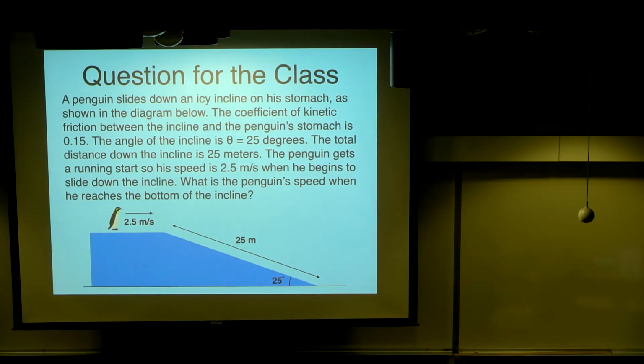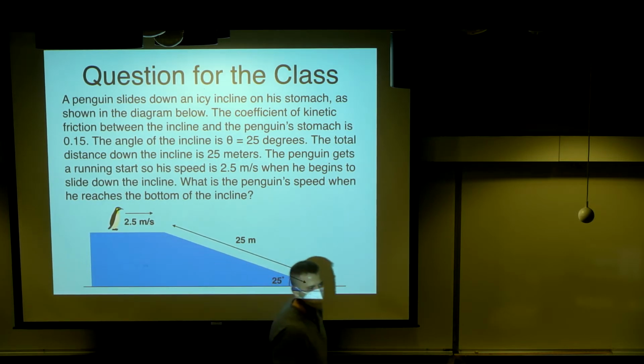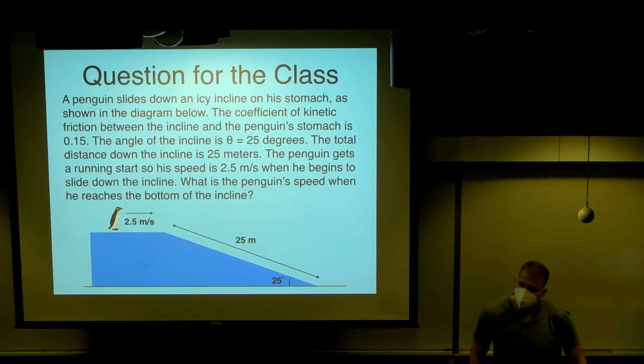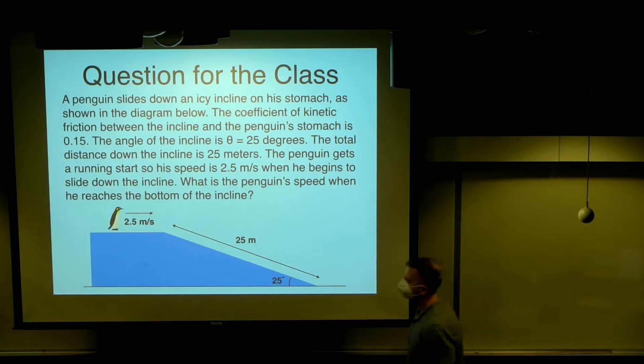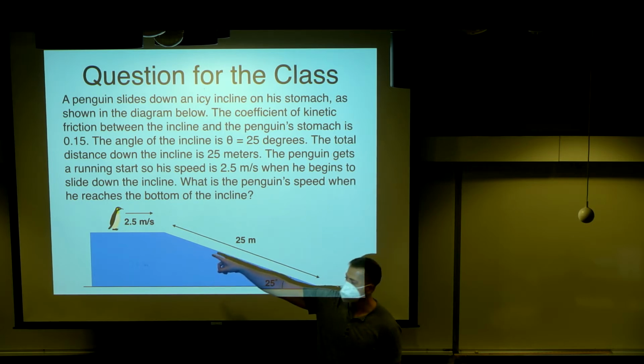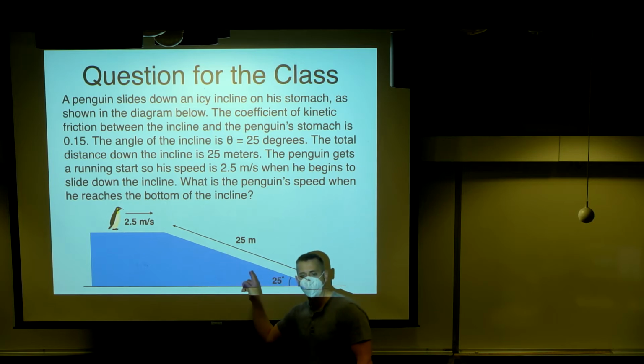The question here is, what is the speed going to be when the penguin reaches the bottom? Okay? So in order to do this, we're going to have to do a few things. Step one, we're going to draw a free body diagram of all the forces acting on the penguin while the penguin is on the incline. We can use that to set up an F equals ma equation and then solve for the acceleration of the penguin.